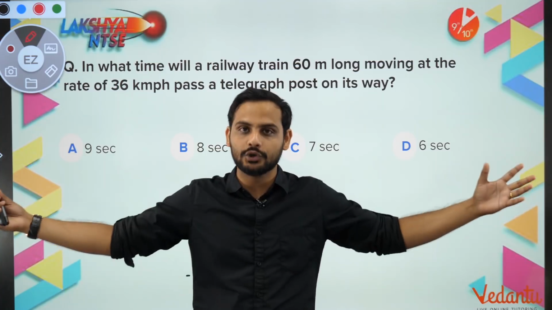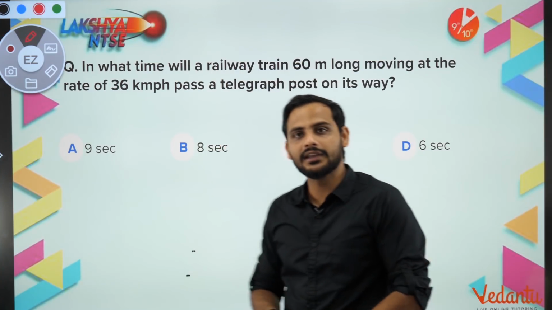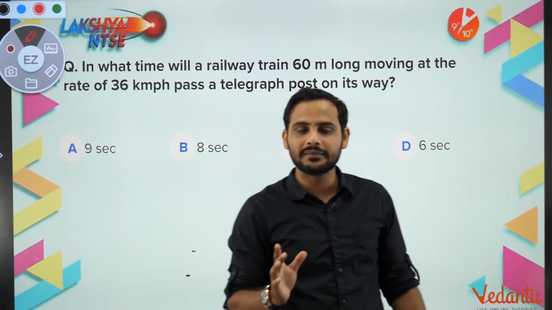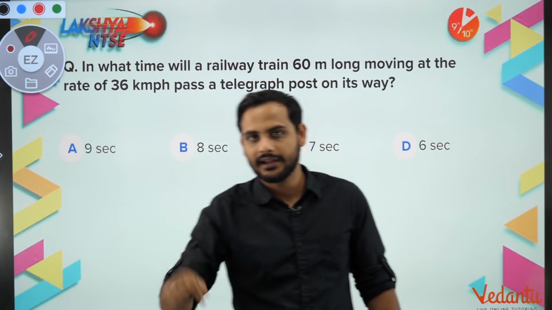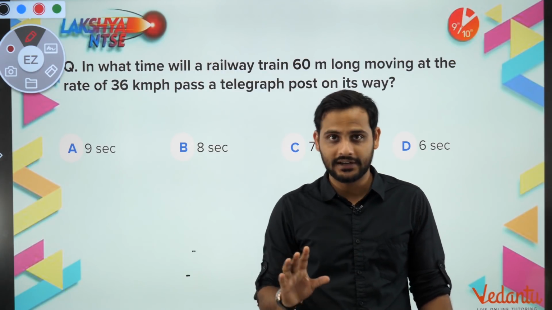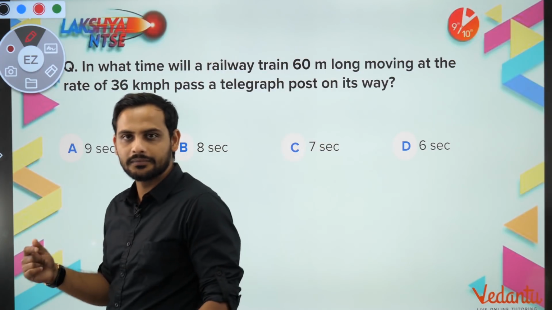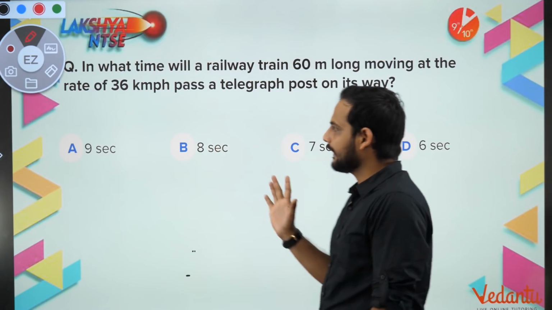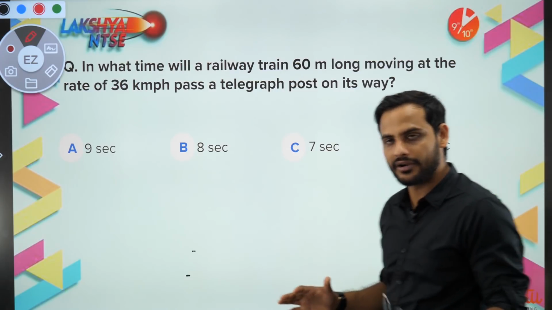But a train is huge, right? So you'll be waiting here, and the train will take some time to cross even a flag. For us it would be nothing, in an instant we cross that part. So for a train, the length of the train is also an important factor.